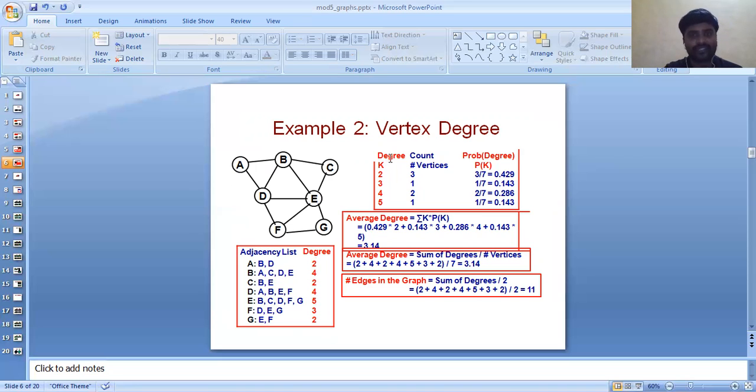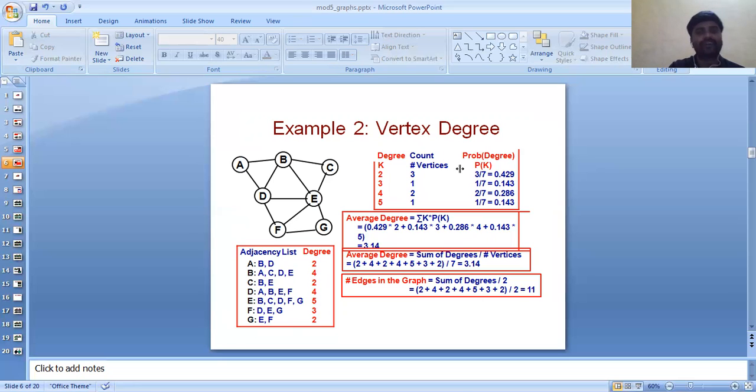So here are the degrees. The degree count k equals 2, 3, 4, 5. The count of vertices is 3, 1, 2, 1. So the probability of degree P of k equals 3 by 7, 1 by 7, 2 by 7, 1 by 7.